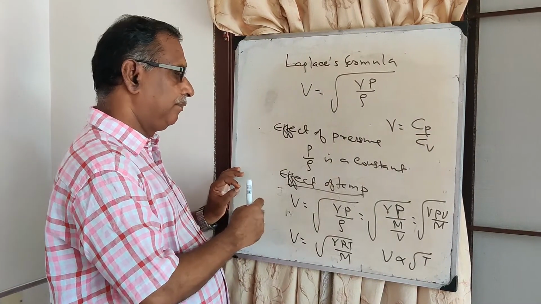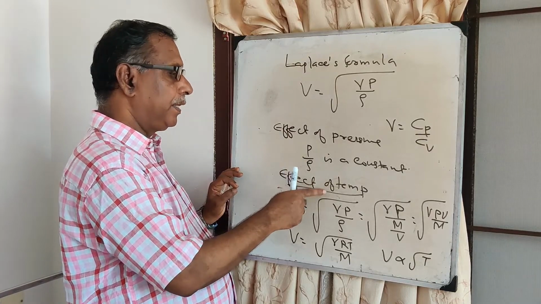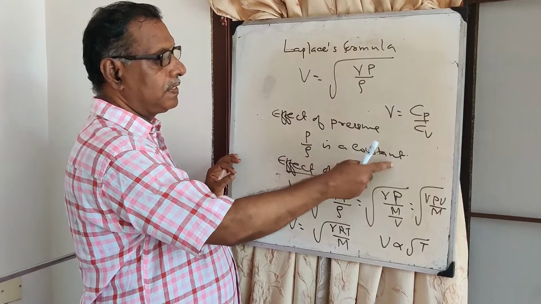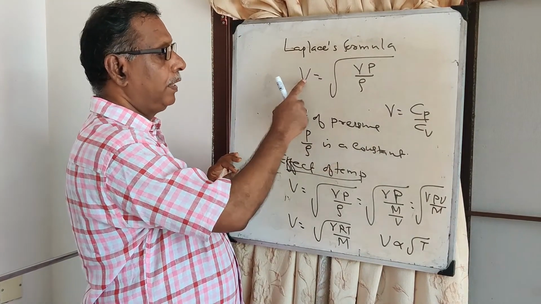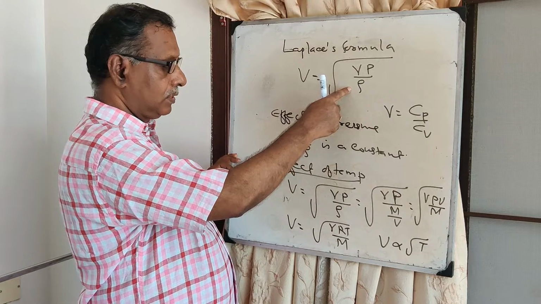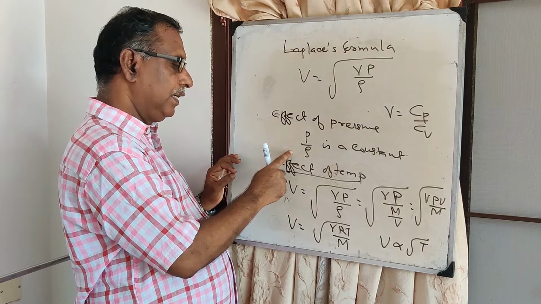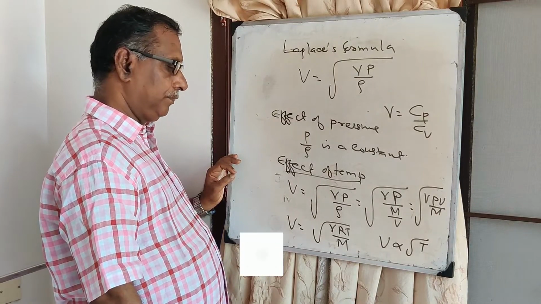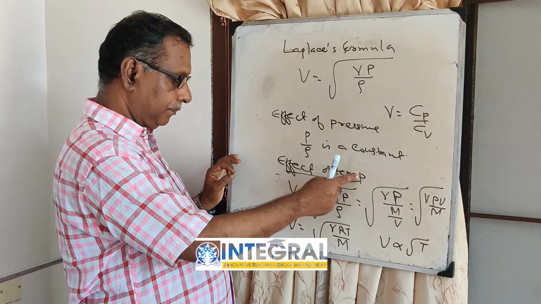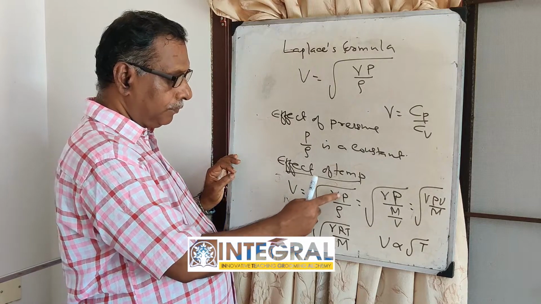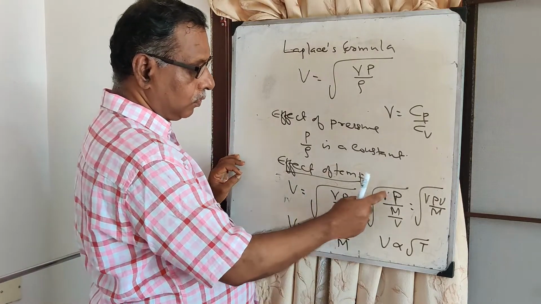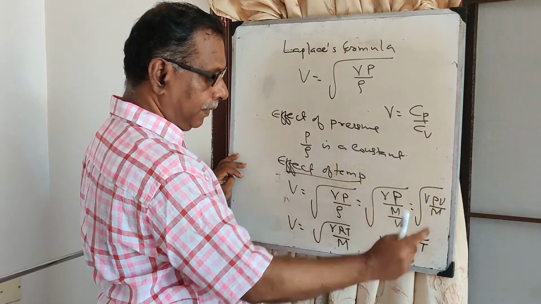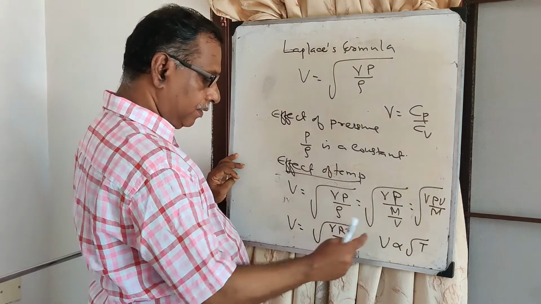Now we have to study the effect of pressure and temperature on velocity of sound. According to Boyle's law, P by rho is a constant. Therefore, velocity is a constant. That means velocity is independent of pressure. Next is effect of temperature. You know that V is equal to root of gamma P by rho, which equals root of gamma P divided by M by V, equals root of gamma PV by M. But PV equals RT.